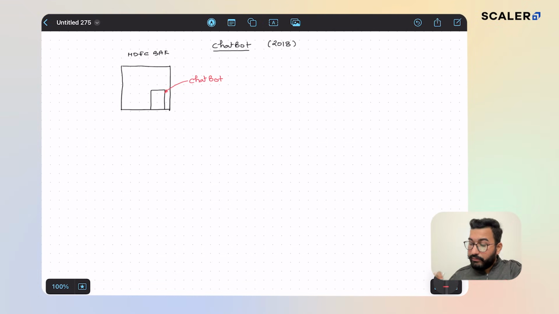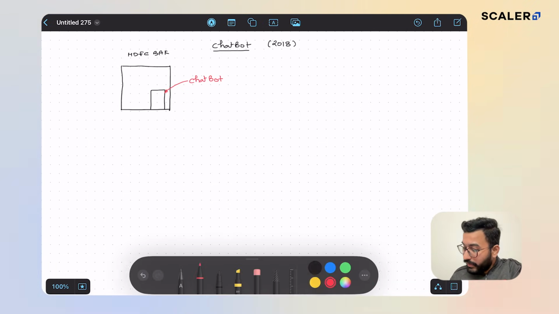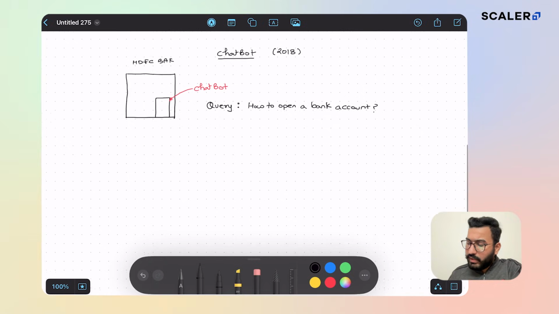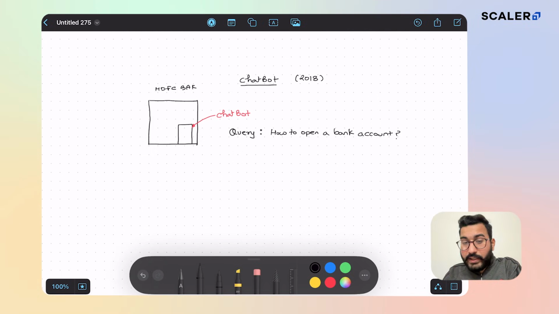Now, if you ask this chatbot a very simple question, that is known as a query. Remember, we are going to use this term throughout the series. A query is a question from the user. So let's say the query is how to open a bank account. Now, this is a very simple general question, right? How will this chatbot resolve this query?